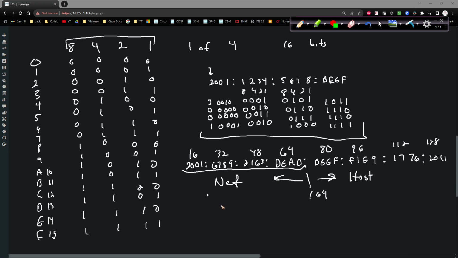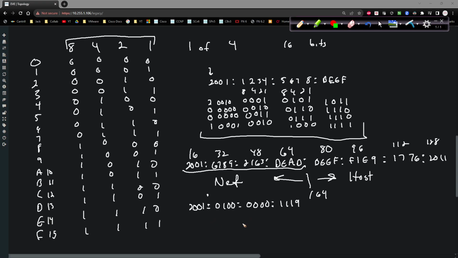Any leading zero, so for example, if you've got 2001 colon 0100 colon 0000 colon 1119.